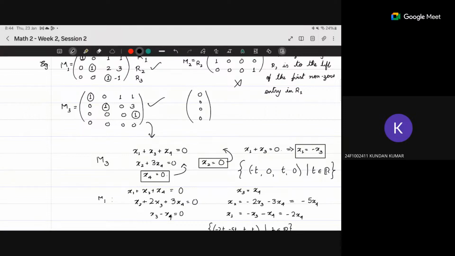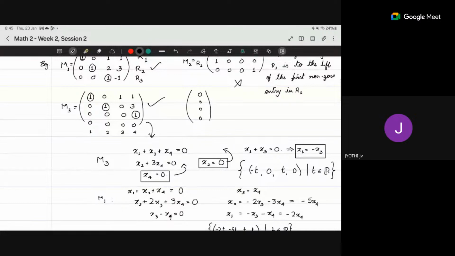Now you look at the leading entries. They are in columns 1, 2, and 4, correct? This is column 1, column 2, column 3, column 4. So 1, 2, and 4. Variables corresponding to those columns are x1, x2, and x4.